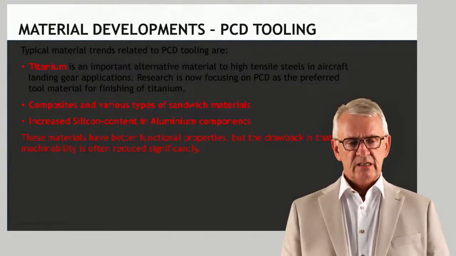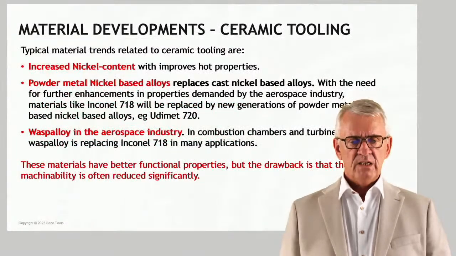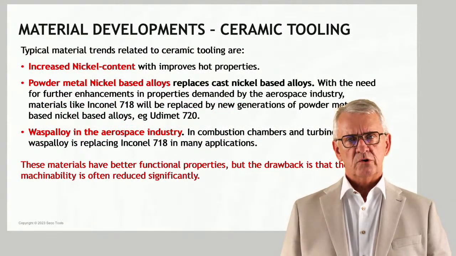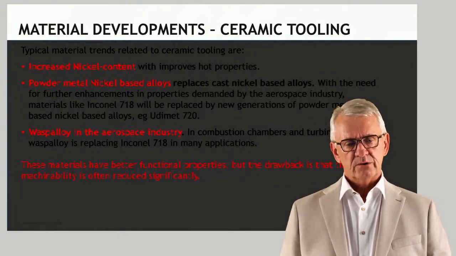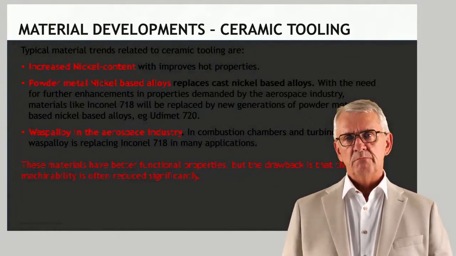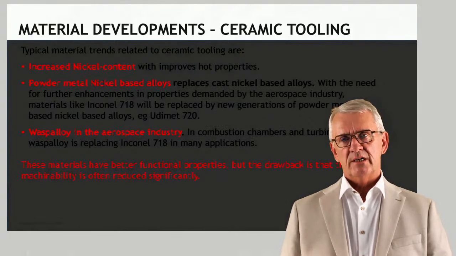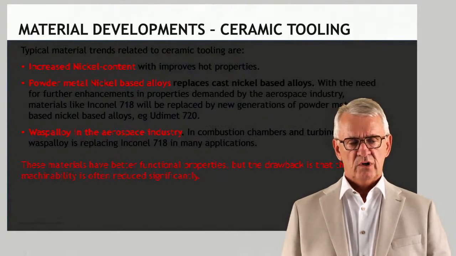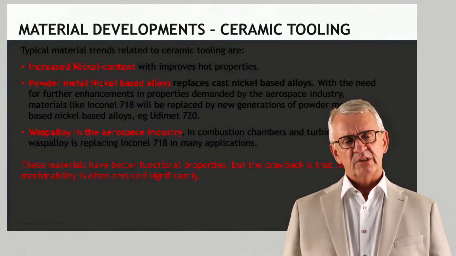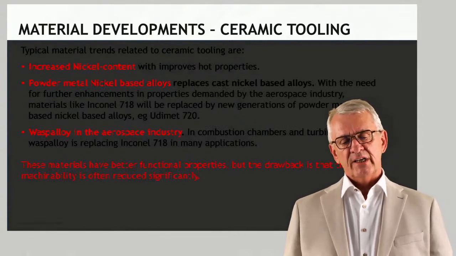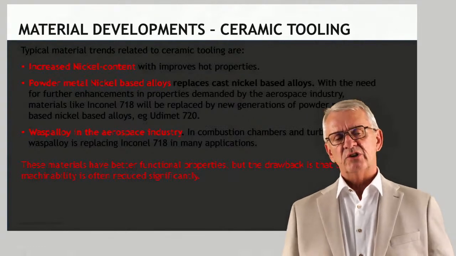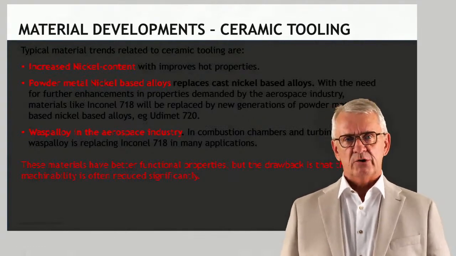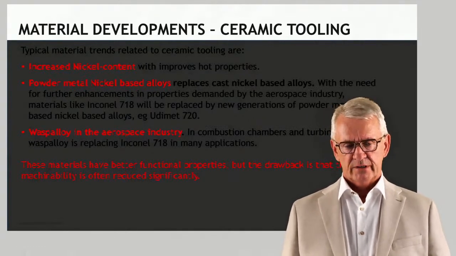And we also see that more and more of the so-called superalloys have increased nickel contents. We see powder metals with nickel content. We see materials like Waspaloy in the aerospace industry appearing more and more. And if you look to that type of materials, to do their productive, cost-efficient, sustainable machining, ceramic tooling peeps around the corner.